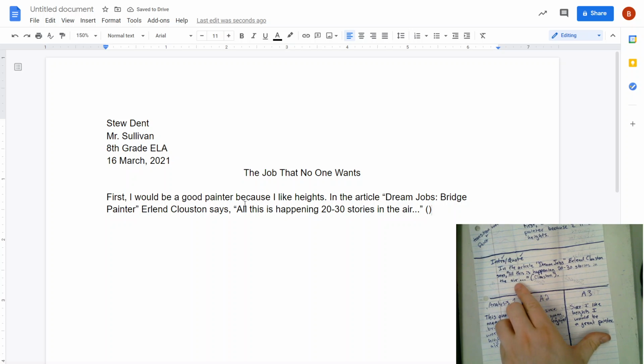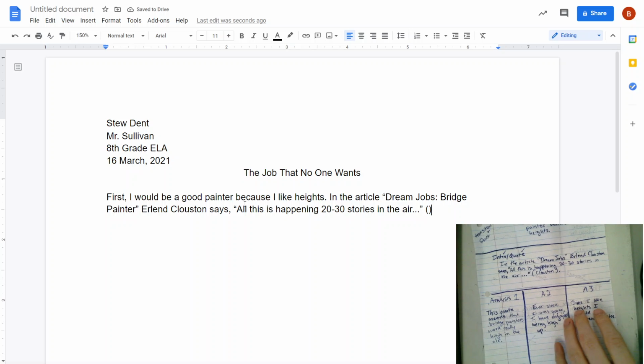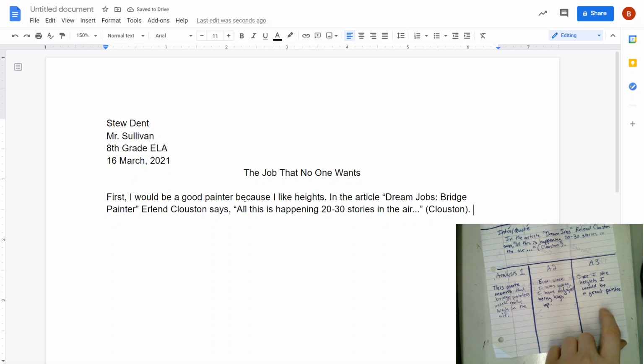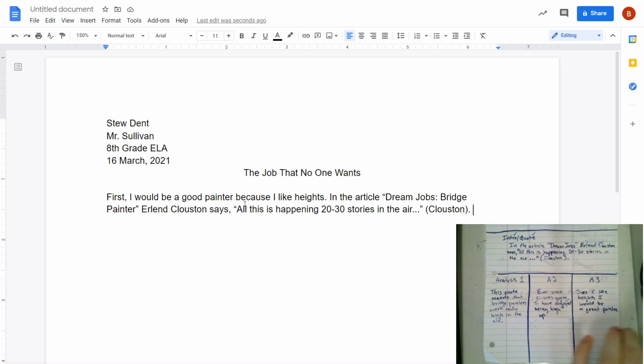I don't know if you can see it down there, if you remember me doing this. And then I put my parentheses and put the last name again. And then on the outside of the parentheses, I put a period. And now I'm going to copy what I have in each of my 3 analysis pages.